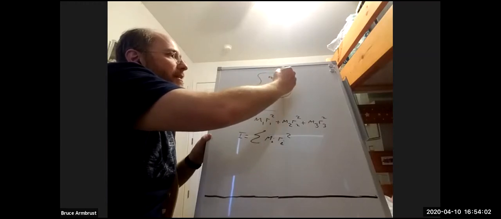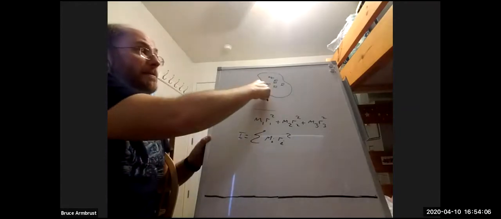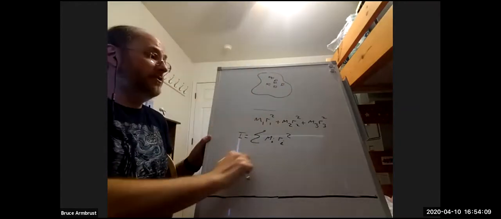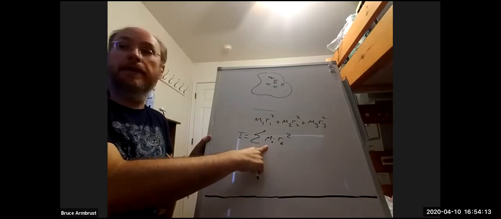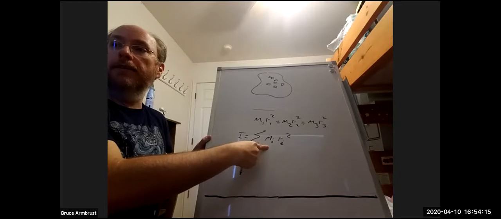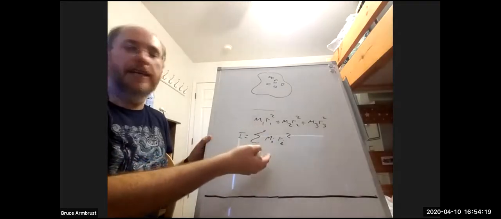And you guys have seen enough calculus by now that you know what's going to happen. We're going to do this with a whole bunch of chunks. So we're going to have this sum that then goes to infinity. And if it goes to infinity, that of course means we now have an integral.